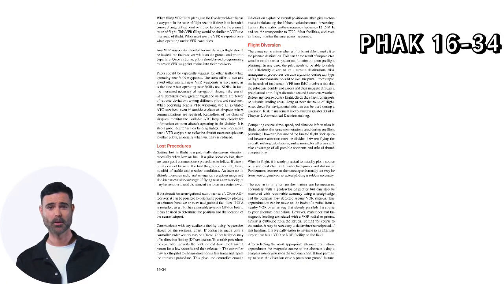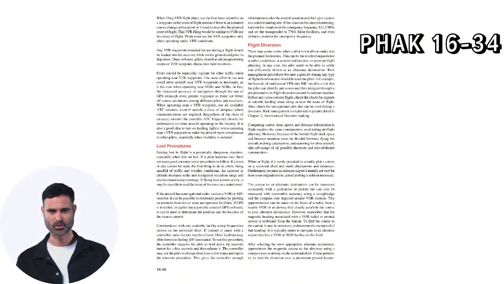However, remember that the magnetic heading associated with a VOR radial or printed airway is outbound from the station. To find the course to the station, it may be necessary to determine the reciprocal of that heading. It is typically easier to navigate to an alternate airport that has a VOR or NDB facility on the field.